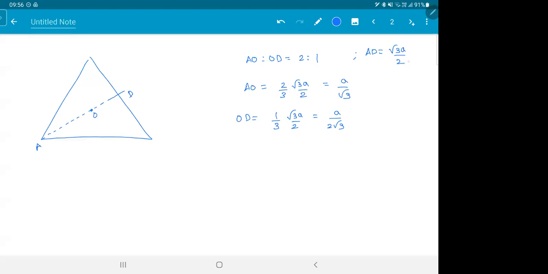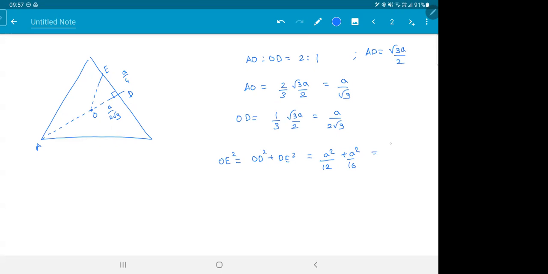In case you forgot, you should go back and revise the notes. So from here, I got the value of AO. This is E. This is a right angle triangle, OED. So OE square will be OD square plus DE square. What is DE? A by 4, no? 1/4 of the side. OD is a by 2√3. So this would be a square by 12 plus a square by 16.